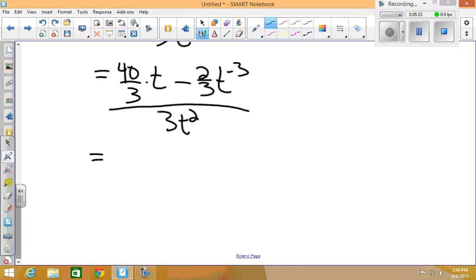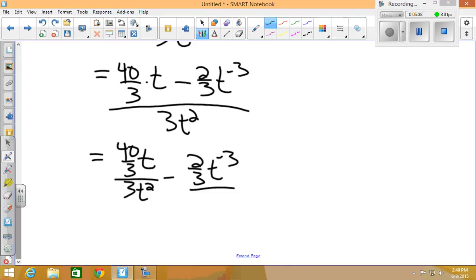We can break this up into two separate fractions, 40 divided by 3t divided by 3t squared, minus 2/3 t to the negative 3 divided by 3t squared. t and t squared would cancel and leave a t in the denominator. 3 is the same as 3 over 1. If you multiply by the reciprocal, that's multiplying by 1/3, so we get 40 over 9 t to the negative 1.